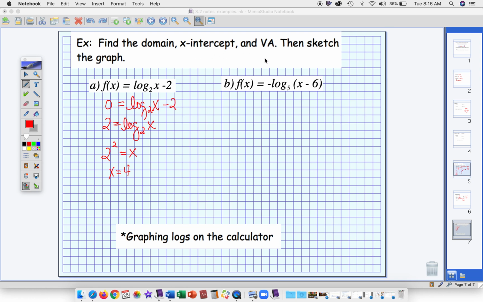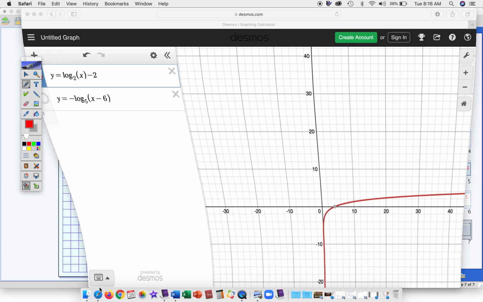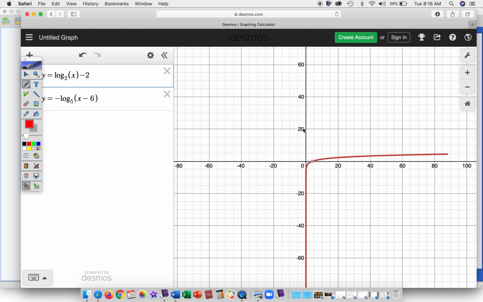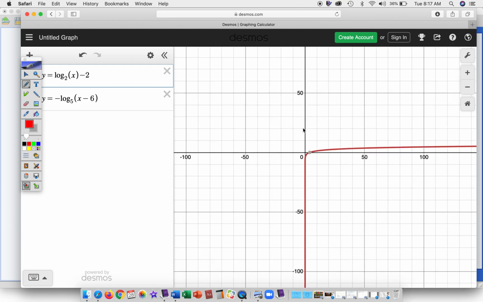Now the vertical asymptote, if we go back to that graph, as you can see, the asymptote is still traveling right along the y-axis. It has it going right down along it, but it's not crossing it. So the asymptote hasn't changed, and if the asymptote hasn't changed, then the domain hasn't changed.